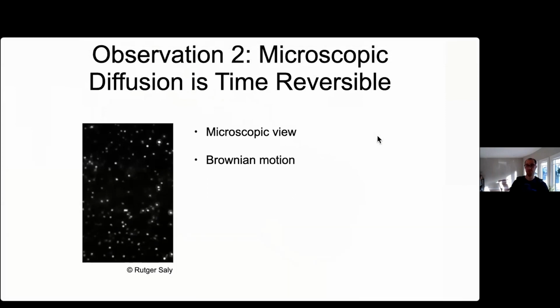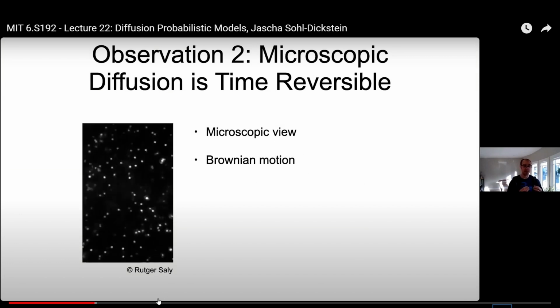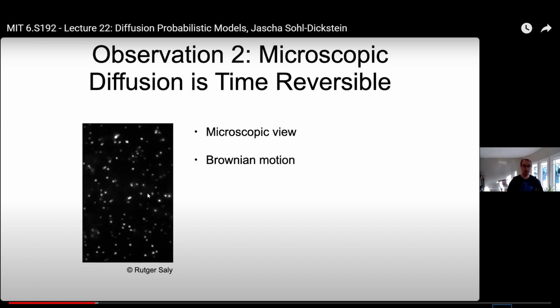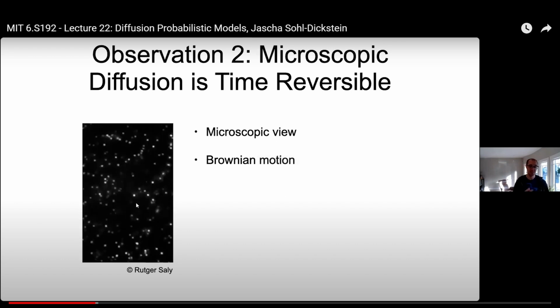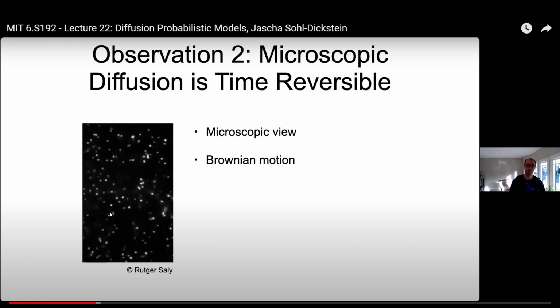So here, just to show this, this is the forward motion, and he again plays the backward motion, and it has exactly the same identical form. They have the same functional form.